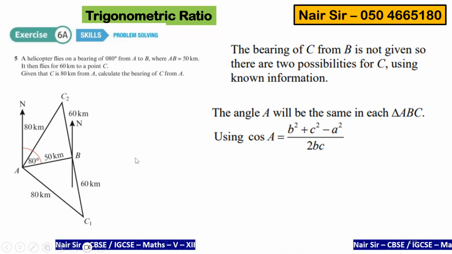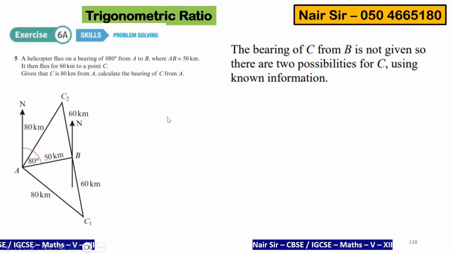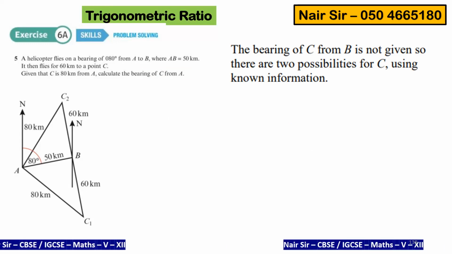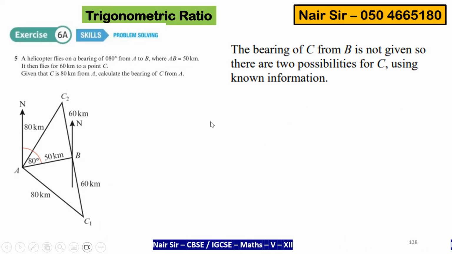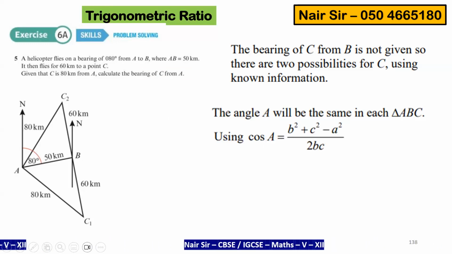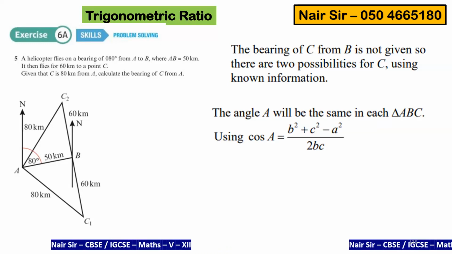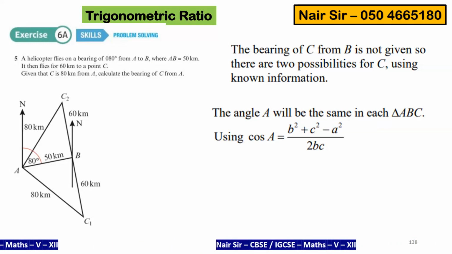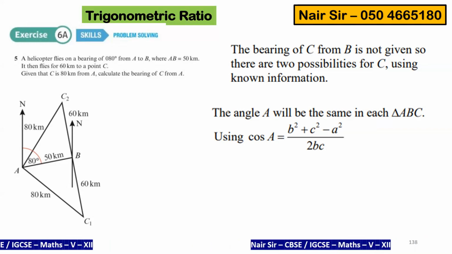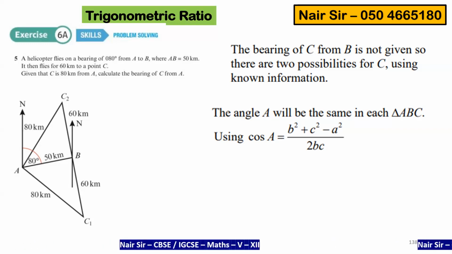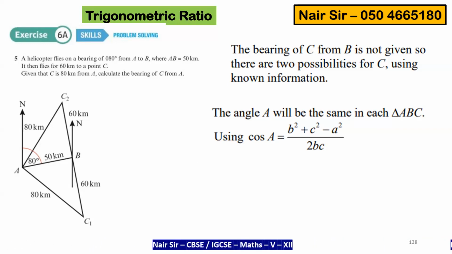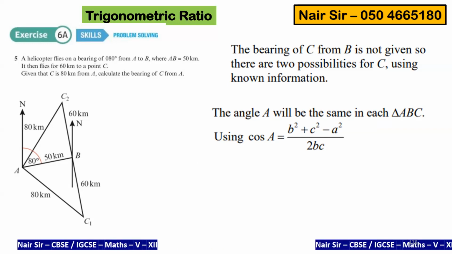The bearing of C from B is not given. So there are two possibilities for C using the known information. I'm going to use it to find the angle A, which will be the same in triangle ABC. So what is cos of A? Cos of A is equal to b squared plus c squared minus a squared upon 2bc.